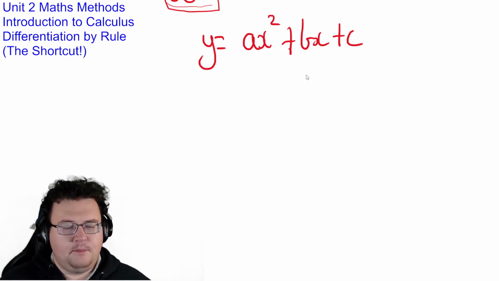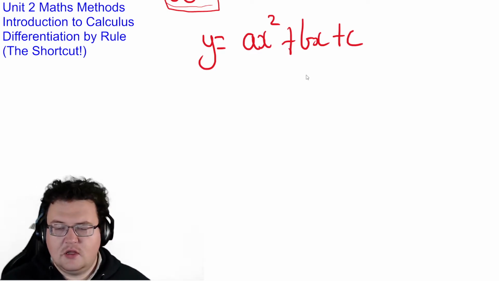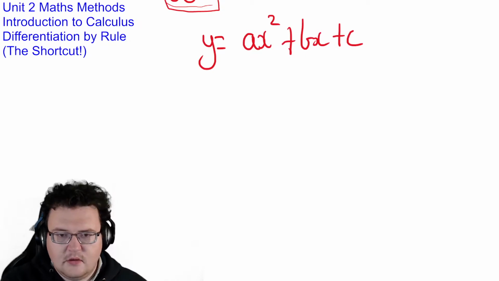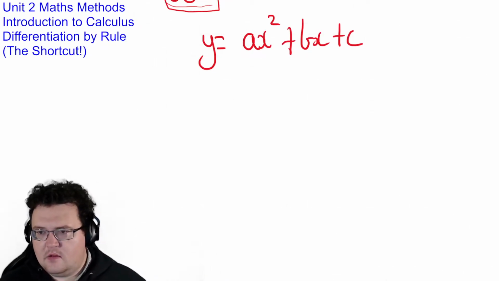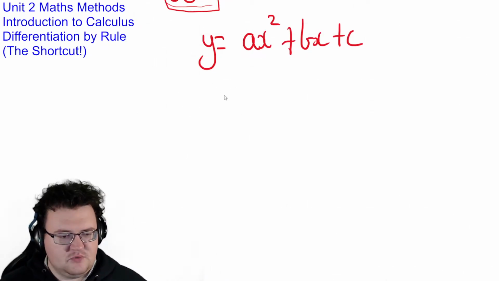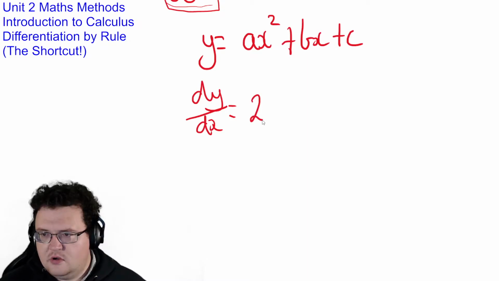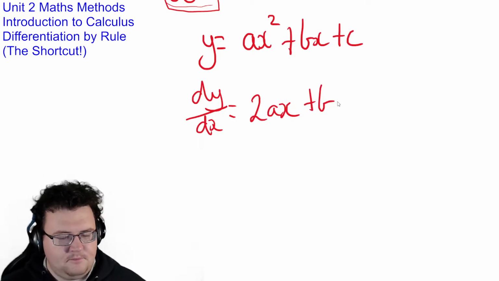However, by differentiating by rule, I can work out very easily, very quickly, that the derivative, so dy dx, is equal to 2ax plus b.